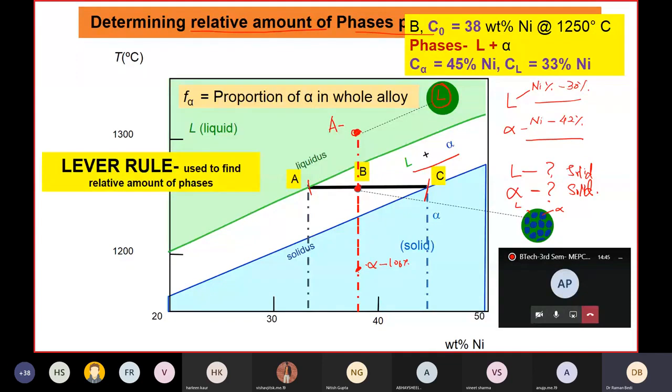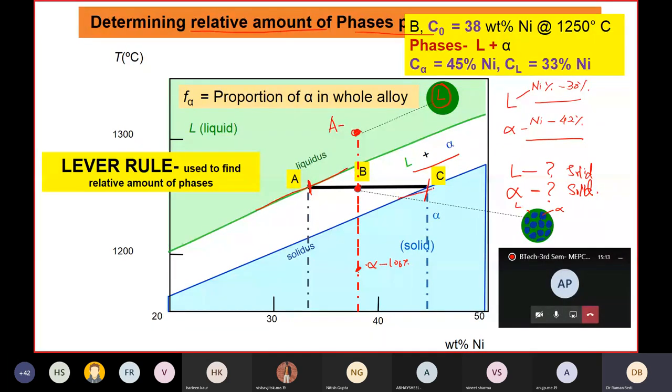The lever rule is used to find the relative amount of phases. B is the constitution point, A is the intersection of the tie line on one of the boundaries. This is actually nothing but the boundary of the liquid phase.